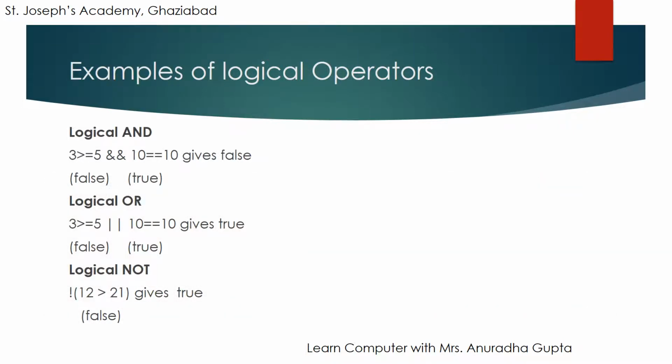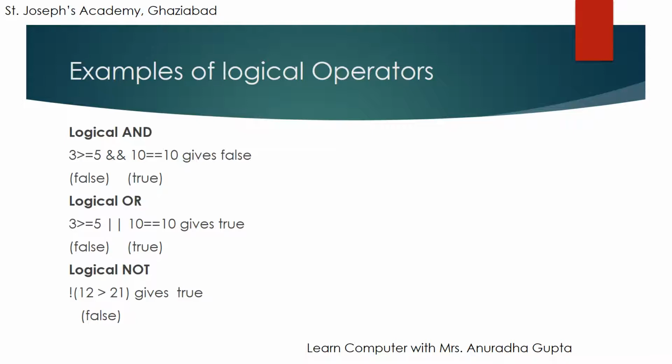Let's look at some examples of logical operators for more understanding. Let's talk about the first, logical AND. In this expression, we are comparing two conditions. First is 3 greater than equal to 5, which is false.